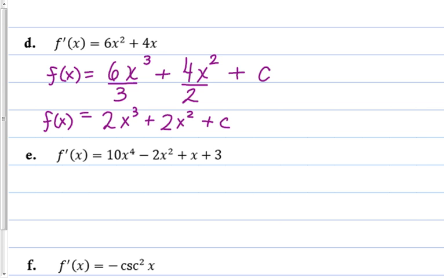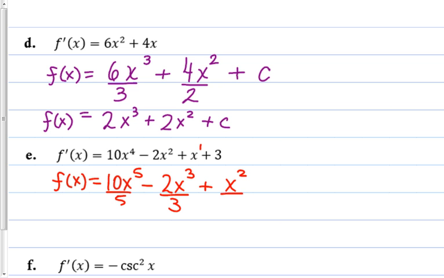All right, E, same idea. Let's see, 10x to the 5th, but then I have to divide by 5, minus 2x now to the cubed power, but then divide by the cube, so the 3, plus, okay, x has an exponent of 1, so I'm going to add 1, but then I have to divide by that 1.